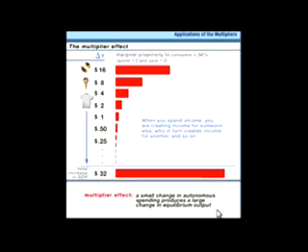First of all, let me define the multiplier carefully. The multiplier in Keynesian analysis is equal to the change in equilibrium gross domestic product that results from a change in autonomous spending.